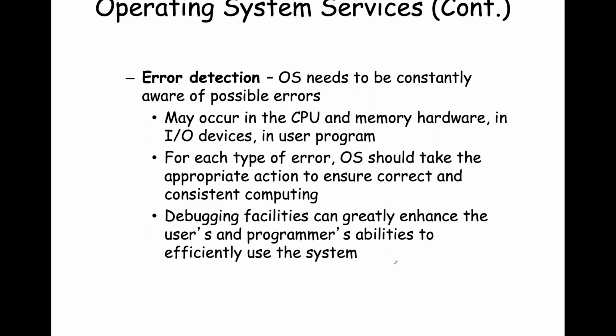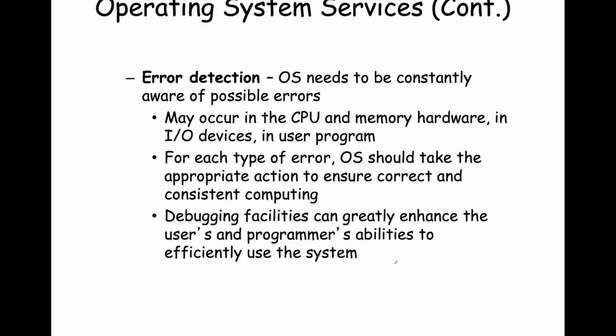An operating system also provides error detection. When does some application violate rules imposed by the operating system? These errors can occur in a number of places: in the CPU, in memory, on the I/O devices, or generally in the programs. One program might try to overwrite the data of another program.